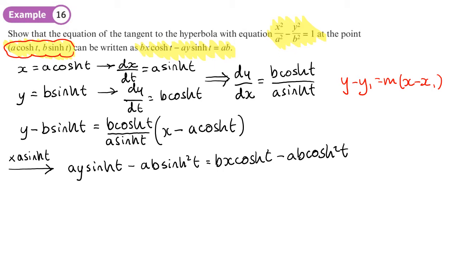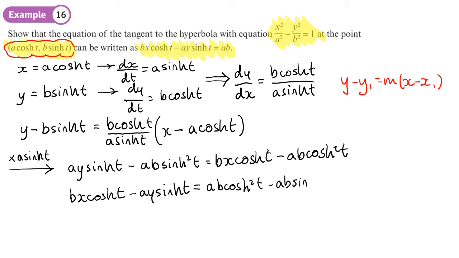Now if we move the sinh t across, we're trying to get it in the form that they have, so we've got bx cosh t, then it will be minus ay sinh t. So when we move that across, that'll give us ab cosh squared t minus ab sinh squared t.